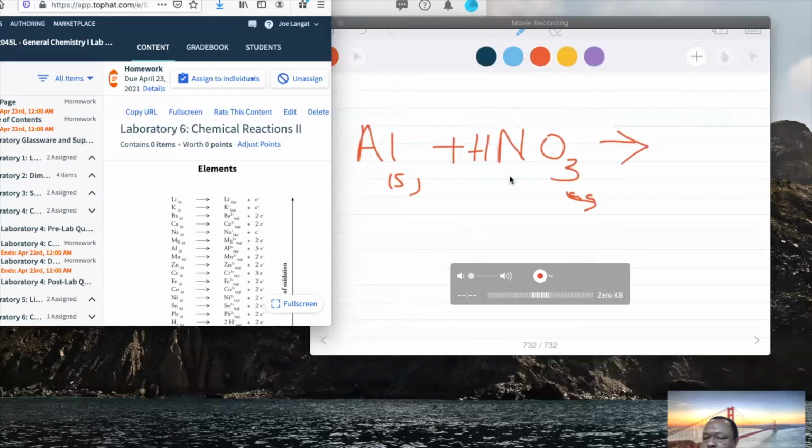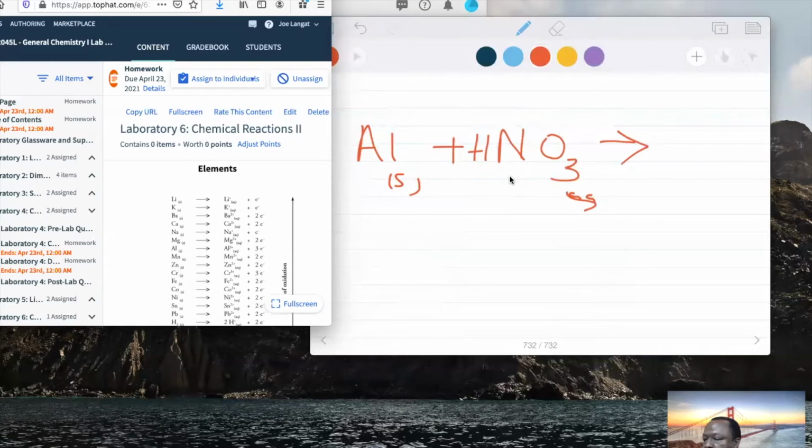For the products, we have to use the ionic charges and the crossover rule to predict the correct formulas for your compounds.